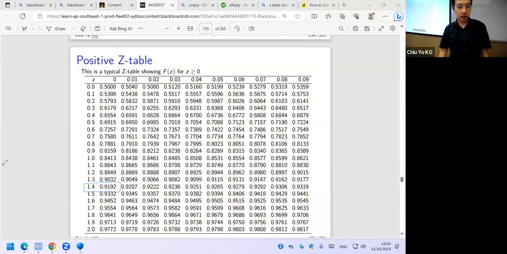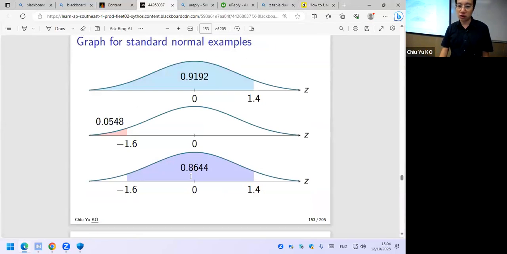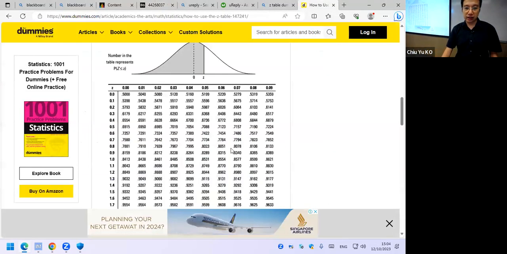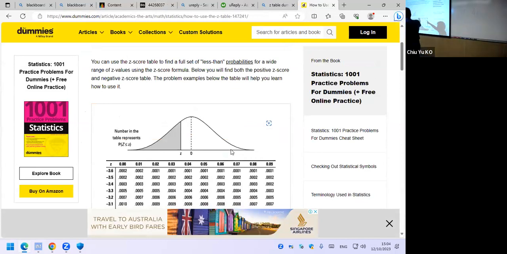This table is the same as any table you look at on the web. So let me do another example. Don't worry, we will do more until you get it. So this is less than negative 1.6. You can look at this table, negative 1.6.